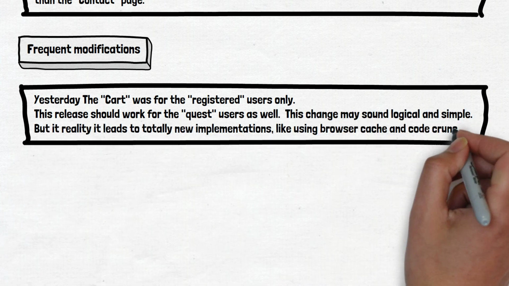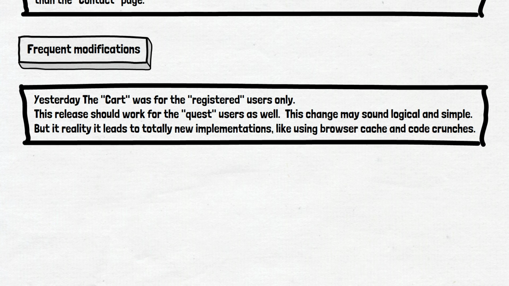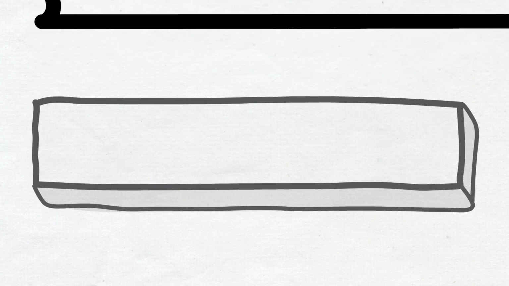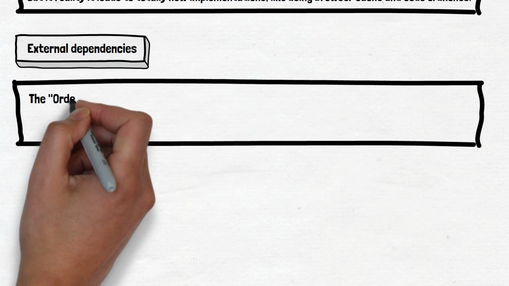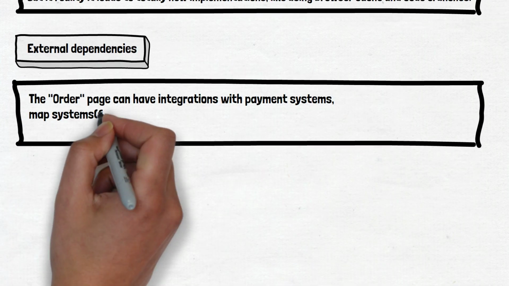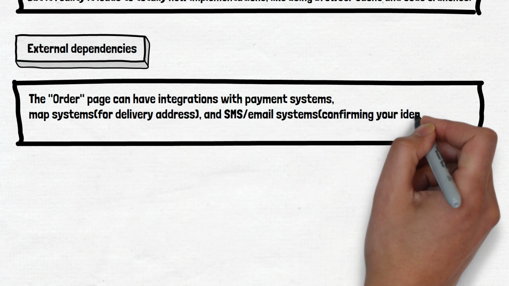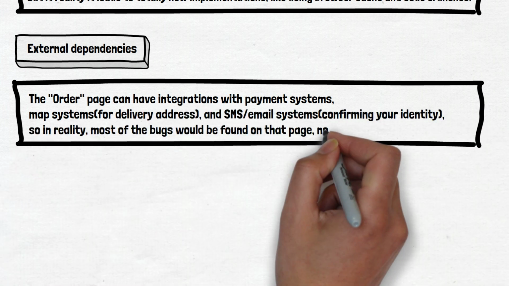This change may sound logical and simple, but in reality, it leads to totally new implementations, like using browser cache and code crutches. External dependencies. The order page can have integrations with payment systems, map systems for delivery addresses, and SMS and email systems for confirming your identity.